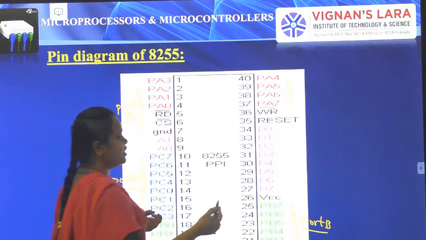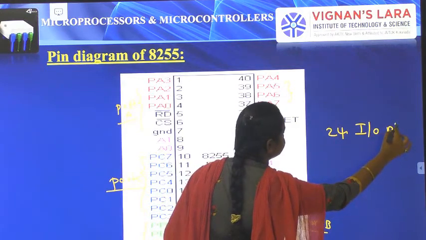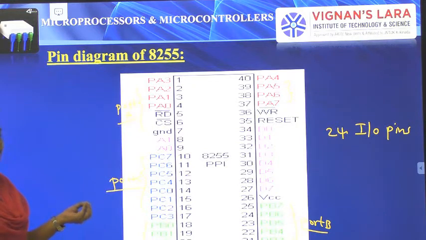Totally we have 24 input-output pins which are programmable. That means we program those pins for the transactions between input and output, that is, the information transactions between the 8086 microprocessor and the input and output devices.